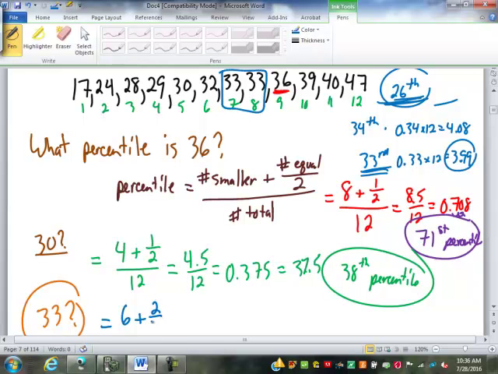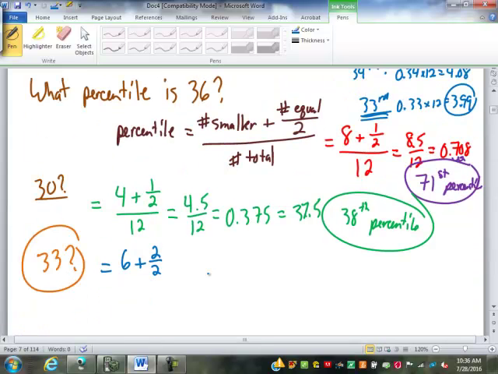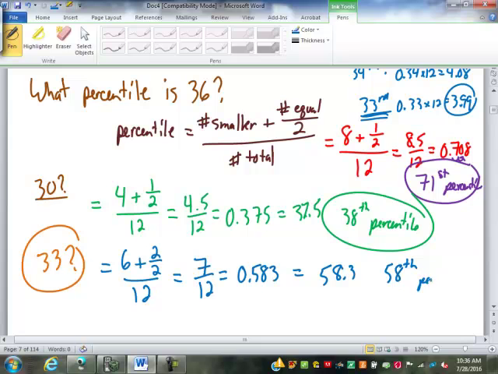Plus 2 over 2, because there's 2 that are equal to it, divided by 12. So 6 plus 2 over 2 is 7, so that's 7 over 12, otherwise known as 0.583, which is going to be 58.3 or the 58th percentile.